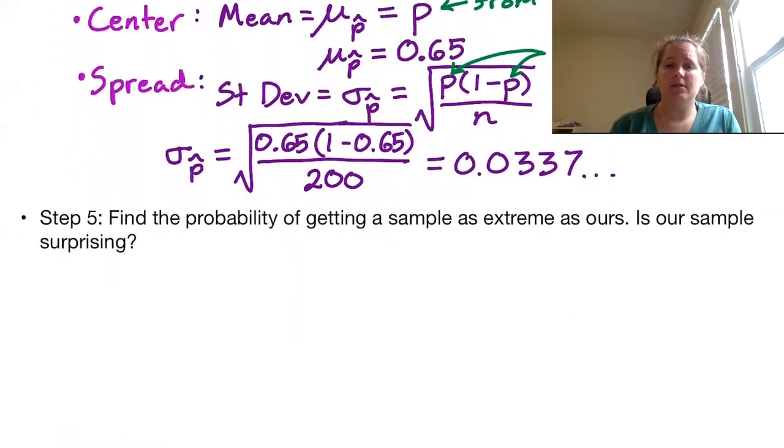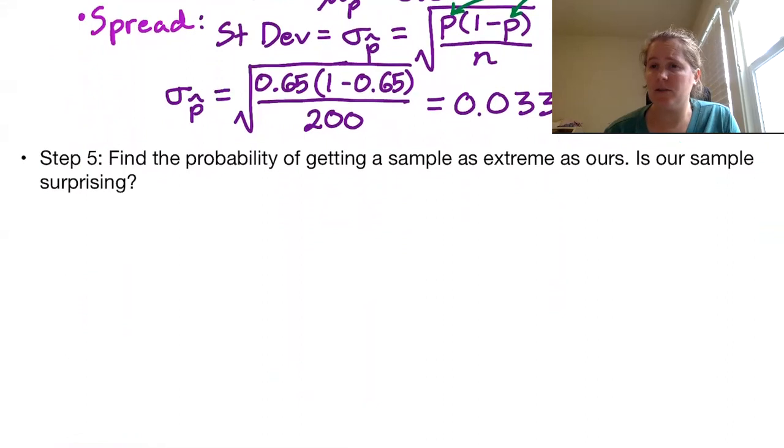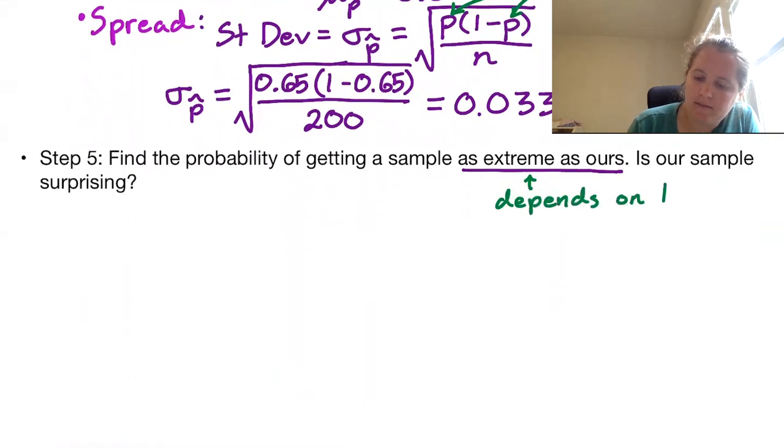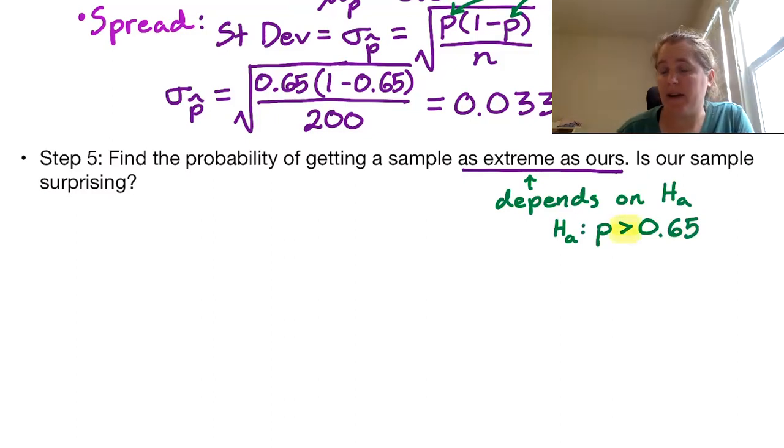The next thing to do is to find the probability of getting a sample as extreme as ours. That as extreme as is going to depend on our hypothesis. So this depends on the alternative hypothesis. And so since our alternative hypothesis was p is greater than 0.65, since we have greater than, that means that we're looking at things greater than our sample.